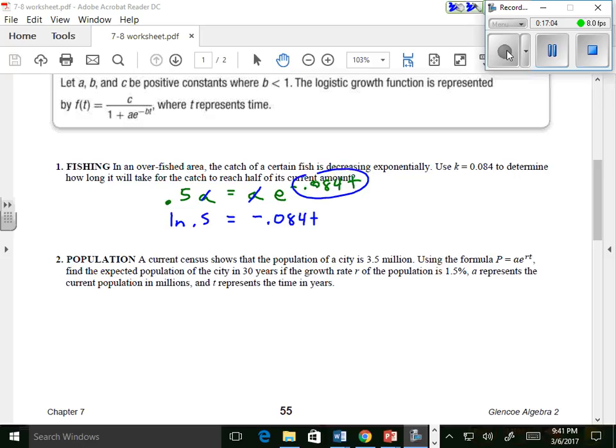That will be equal to the natural log of the 0.5. So if you want the time, you just divide both sides by negative 0.084. Put this in your calculator, natural log of 0.5 divided by negative 0.084, and you get a time of approximately 8.25 years.